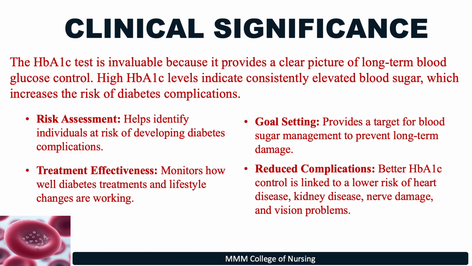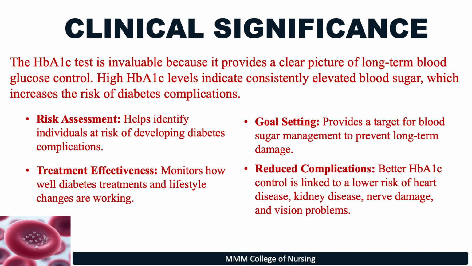The significance of HbA1c. This test is considered invaluable because it provides a clear picture of long-term blood glucose control. High HbA1c levels indicate consistently elevated blood sugar, which increases the risk of diabetes complications. This test helps in risk assessment, helps identify individuals at risk of developing diabetes complications.